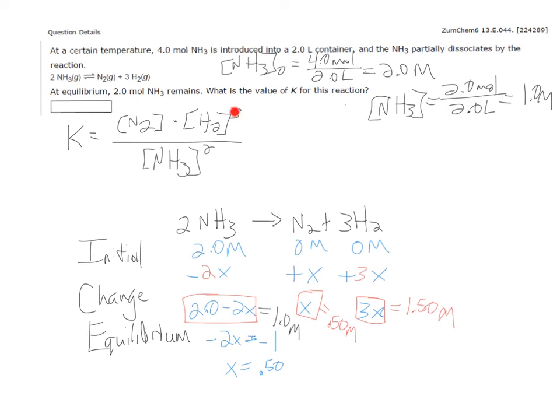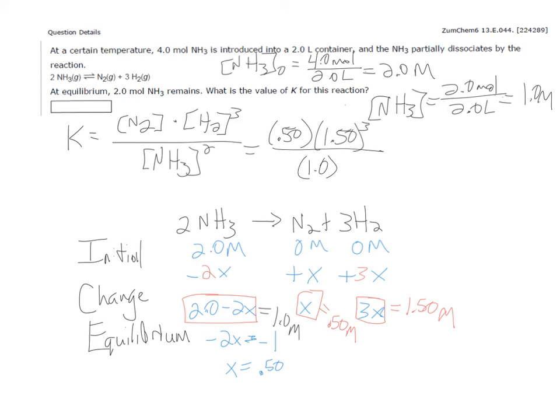And we have an expression for the equilibrium constant. So let's just plug in the numbers that we have. For N2 it was 0.5. And for H2 it was 1.5. Remember to carry the exponent. So if there's an exponent 3, that needs to be carried through.